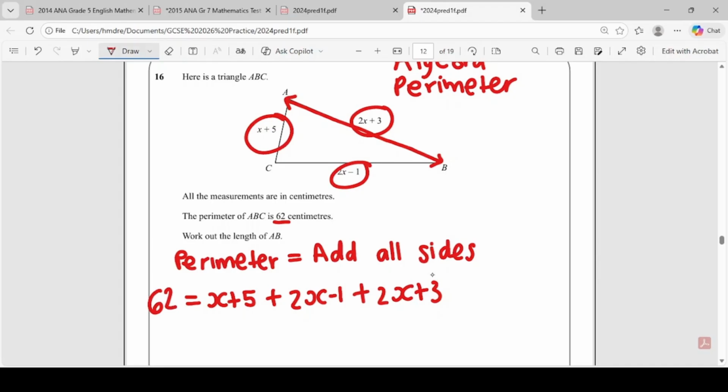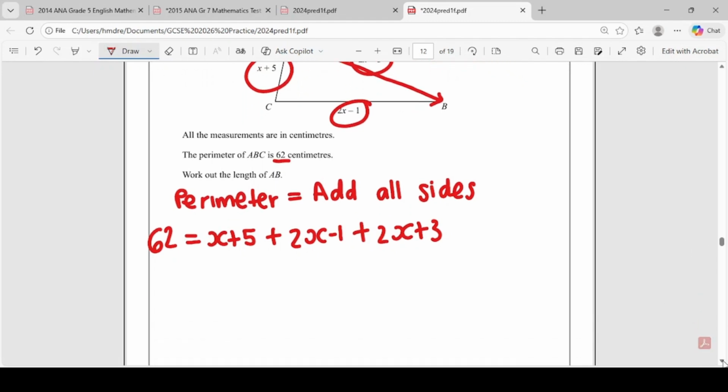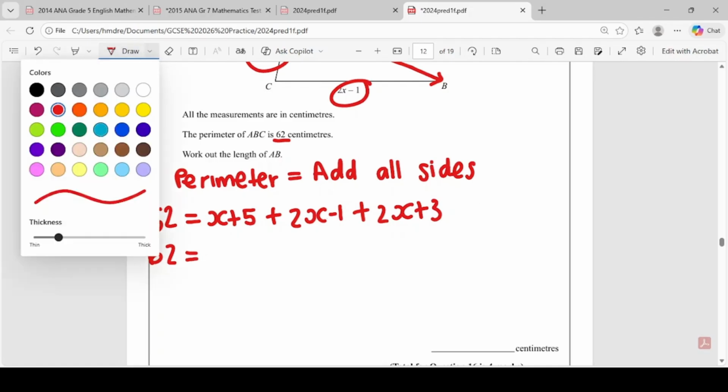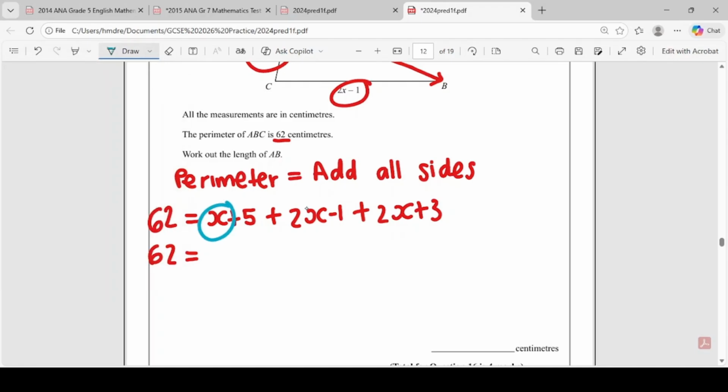And what you can see now is this is actually just an algebraic equation. So we can simplify it. Let's add all the x's. Let's get x's on one side, numbers on the other side. On this side, we've got 62. Let's simplify this side a bit. So we're going to have x plus 2x plus 2x.